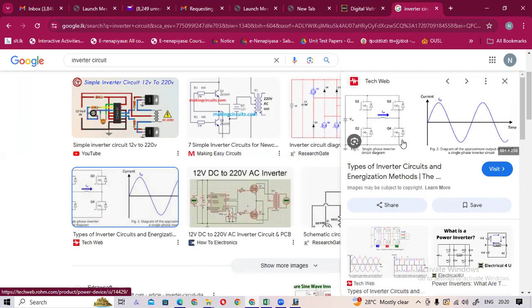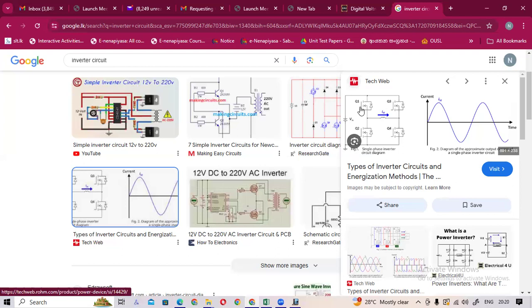If we switch this one and this one, what happens? Current will come here, but this one is not on, so current will not go through it; it goes through this one and comes in here.